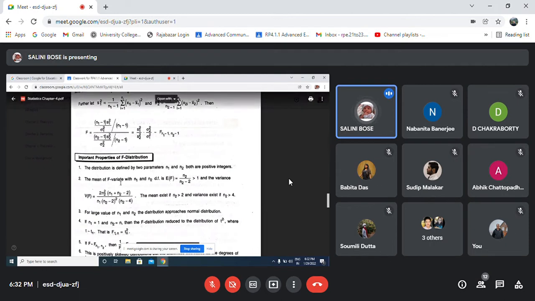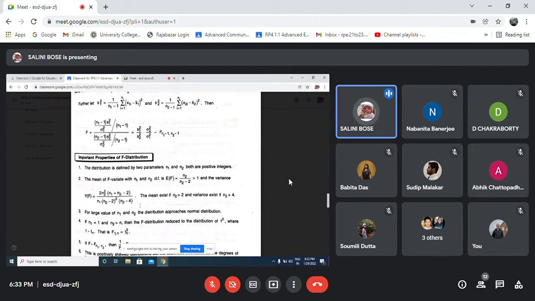The mean of F variates with n1 and n2 degrees of freedom is n2 by n2 minus 2, which is greater than 1, and the variance is 2 n2 square into n1 plus n2 minus 2 by n1 into n2 minus 2 whole square into n2 minus 4.